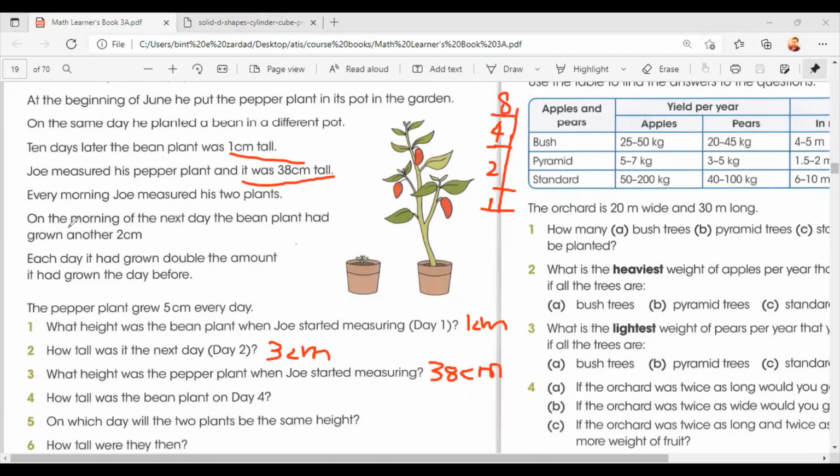It's written here, the next day the bean plant had grown another 2 centimeters. Each day it had grown double the amount it had grown the day before. So it makes double. So total, 8 plus 4, 12, 13, 14, 15. So after 4 days, the bean plant is now 15 centimeters tall.